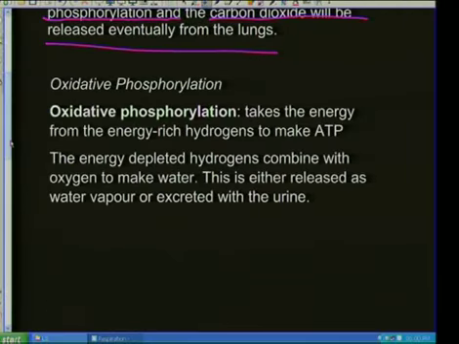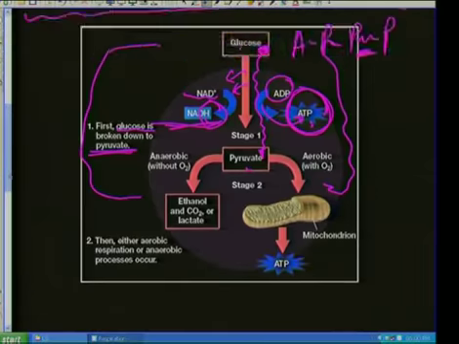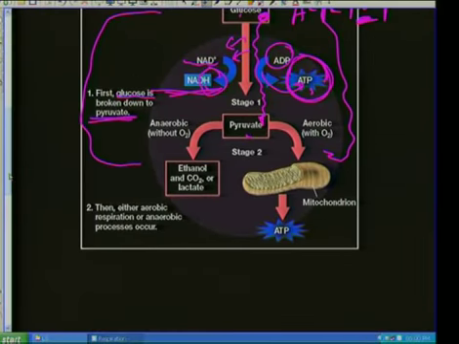Now we go to oxidative phosphorylation. Before we go there, let's go back to our diagram. We were at pyruvic acid at the end of glycolysis. From there, we are looking at this side. Don't worry about the left-hand side of the diagram now. The pyruvic acid goes down, and in the cycle of reactions, ATP is produced again, and the hydrogen is released, and carbon dioxide is released.